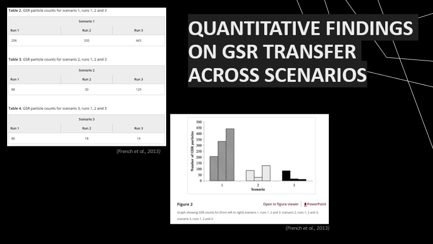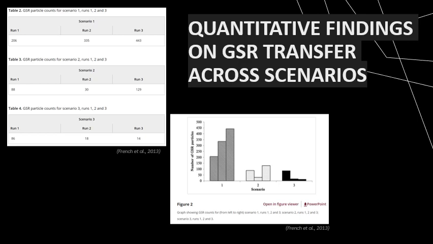Okay. Scenario 2, handshake transfer. Significant secondary transfer of gunshot residue was noted during handshakes post-firing. Particle counts varied across the runs, with some showing relatively high amounts of transfer, indicating that gunshot residue can readily move from one individual to another through direct contact.